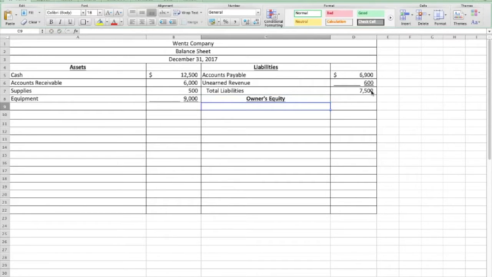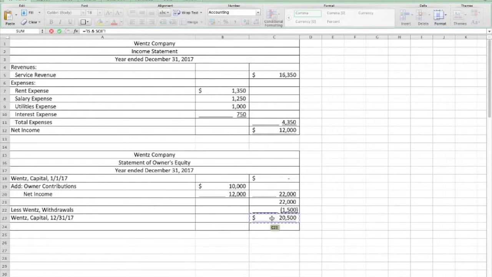And remember, there's always only one owner's equity account that shows up on my balance sheet, and that is the owner's capital account. Remember one more thing, that owner's capital account always comes from the bottom line of that statement of owner's equity, the one that we just did.